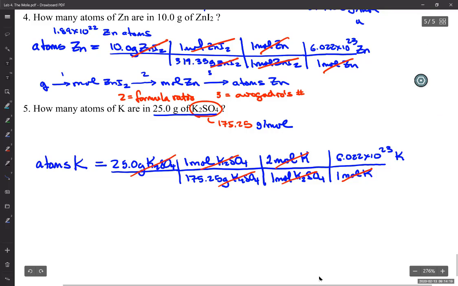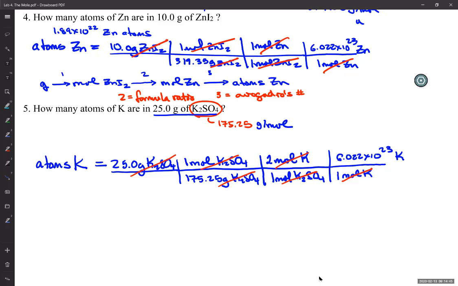Anytime you're doing a calculation involving a conversion factor of any kind, set it up and see the units cancel, because that tells you where the numbers are supposed to be. Now, how do you do this on your calculator? You take 25 divided by 175.25 times 2 times 6.022 times 10 to the 23rd.